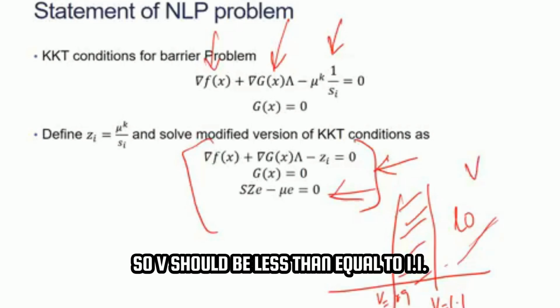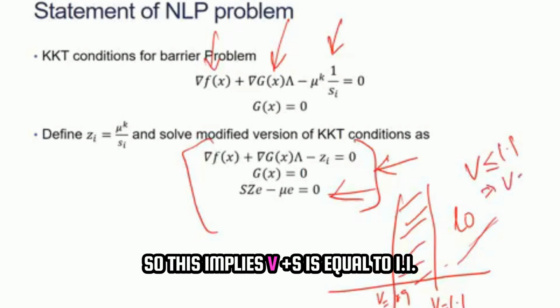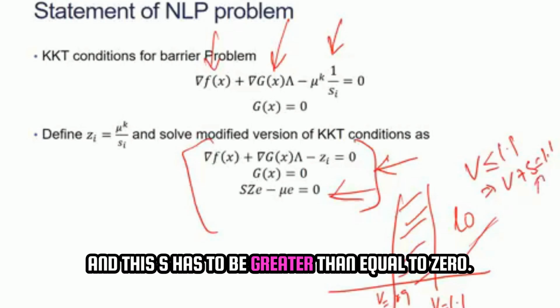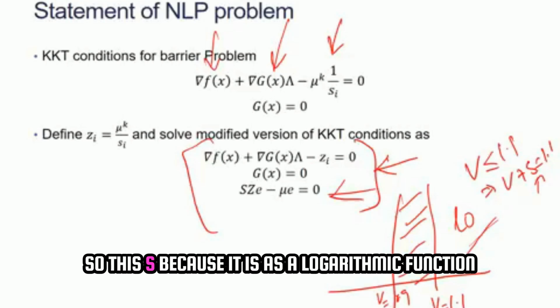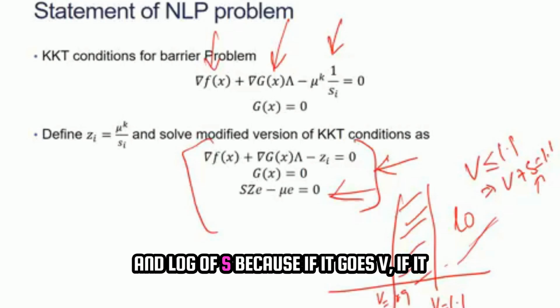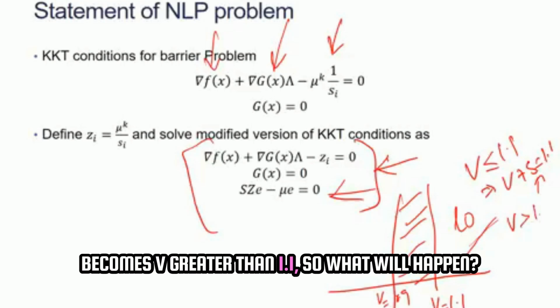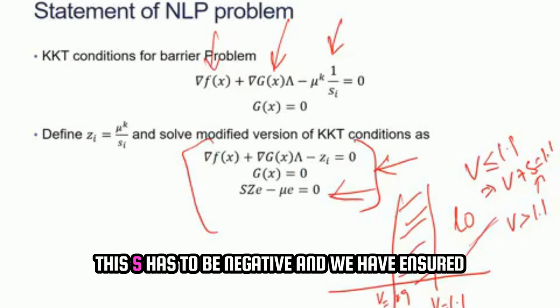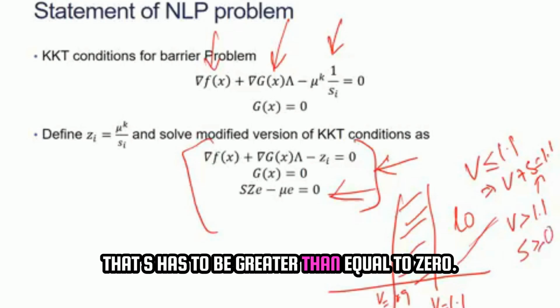So v should be less than or equal to 1.1. So this implies v plus s is equal to 1.1, and this s has to be greater than or equal to 0. Because it is a logarithmic function, log of s, if v becomes greater than 1.1, this s has to be negative, and we have ensured that s has to be greater than or equal to 0.